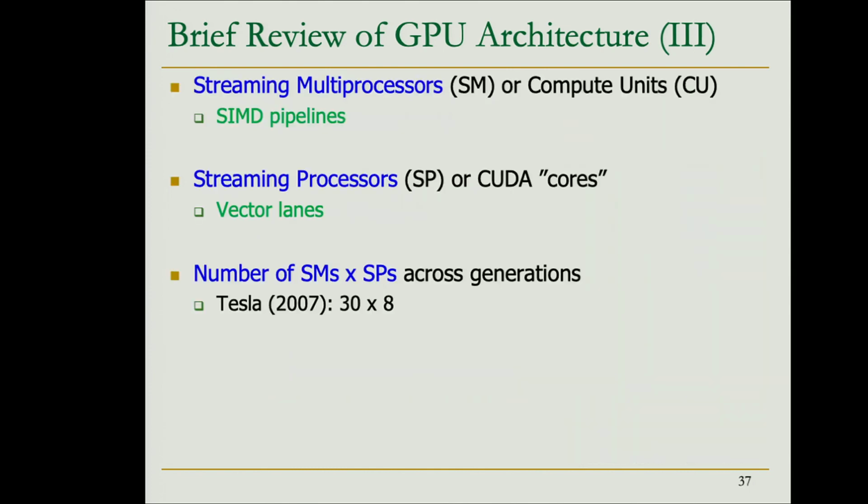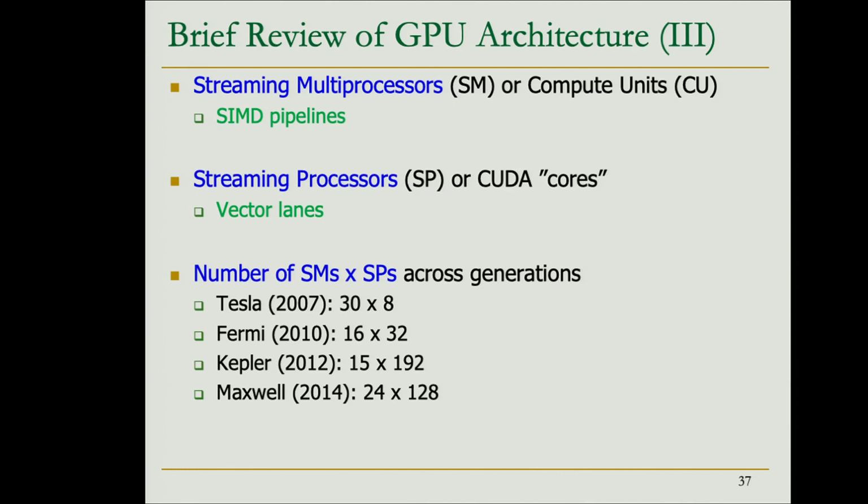Okay, more terminology. I think we have already gone through all this terminology, and here you have the comparison across the different NVIDIA generations. The latest one is Volta, that was released, I think, either at the end of 2018 or the beginning of 2019. I think the last one is Turing.